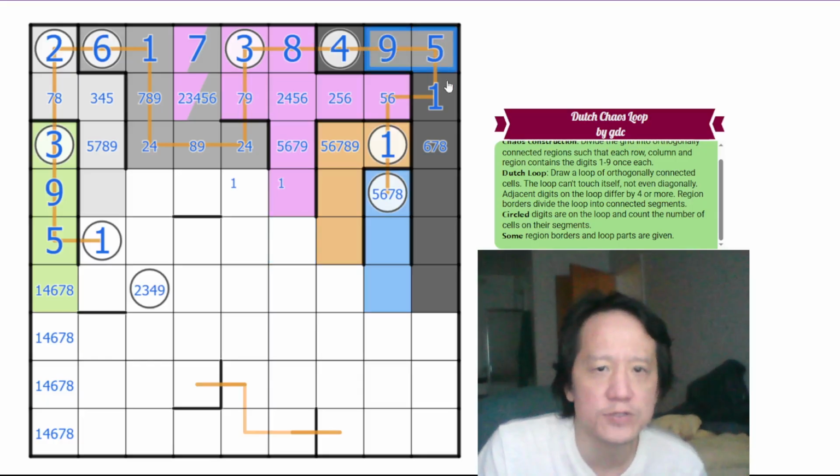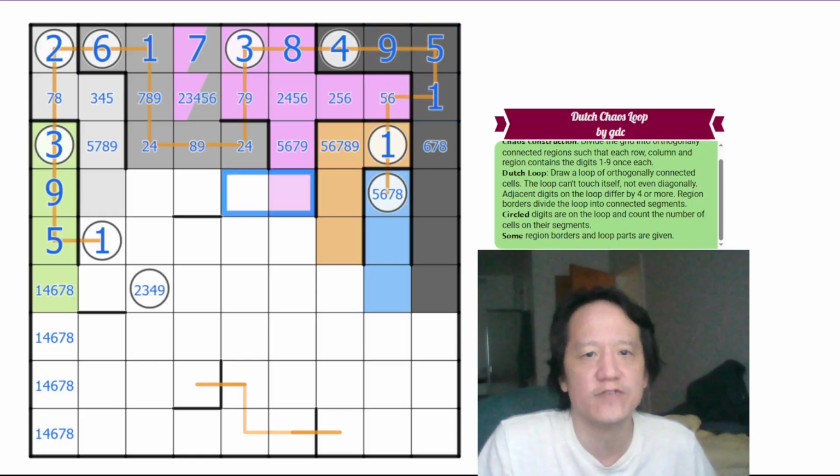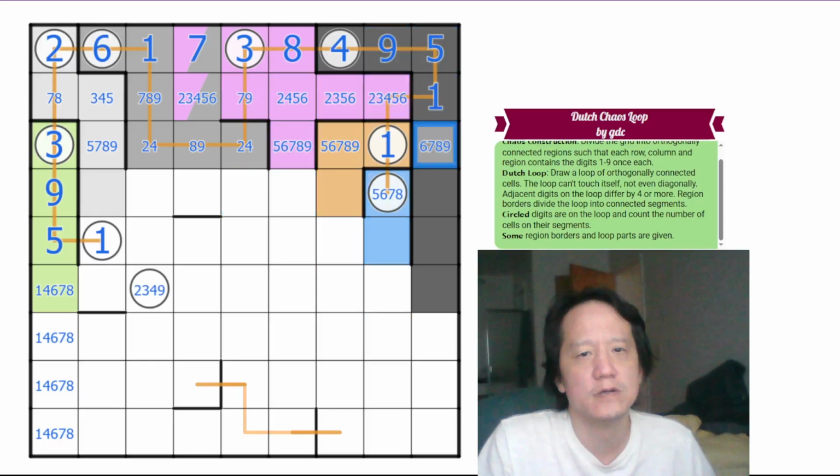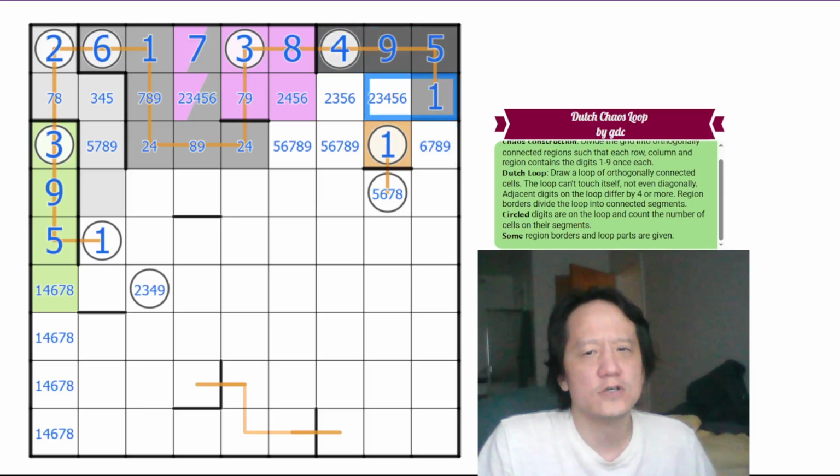Oh, it can't go this way. Dang it. Oh, that's bad. That's very, very bad. It can't go that way because it would touch itself. It has to go this way, but that doesn't make any sense. Let's try it, but I'm pretty sure that doesn't make any sense.